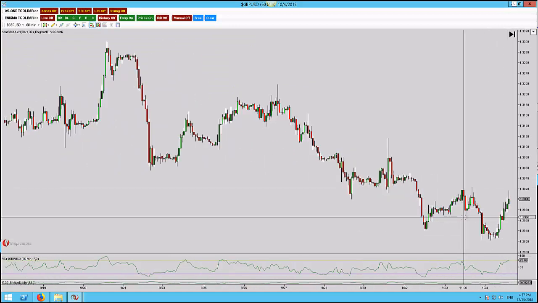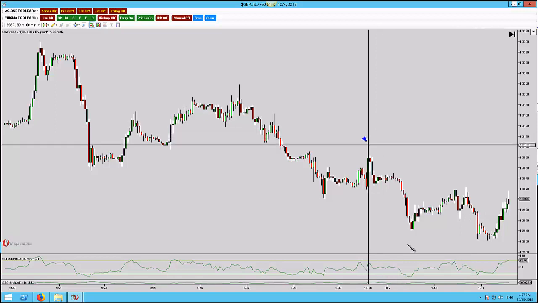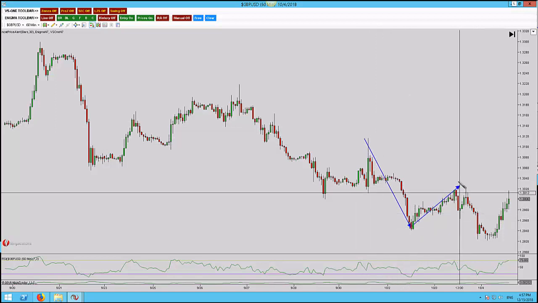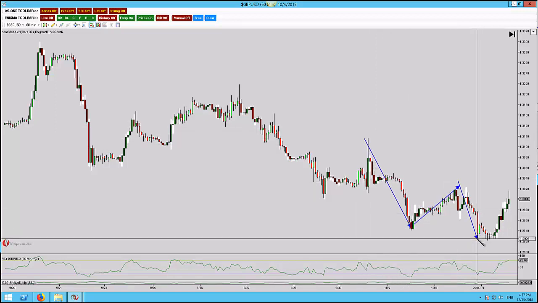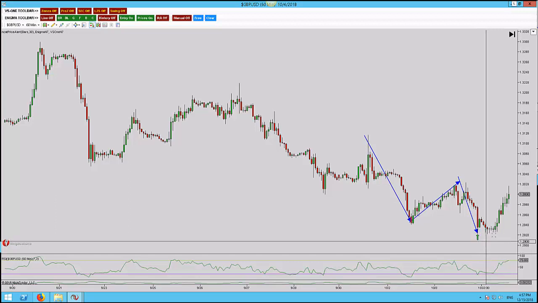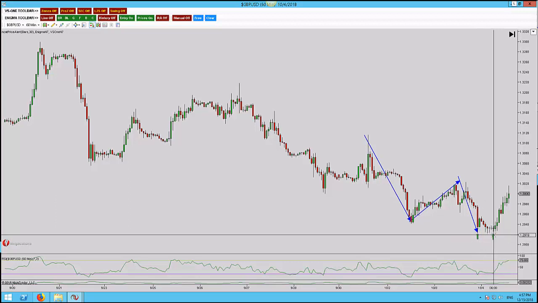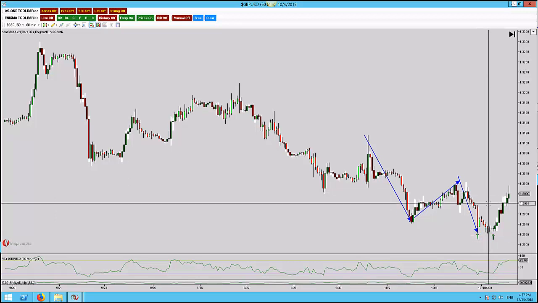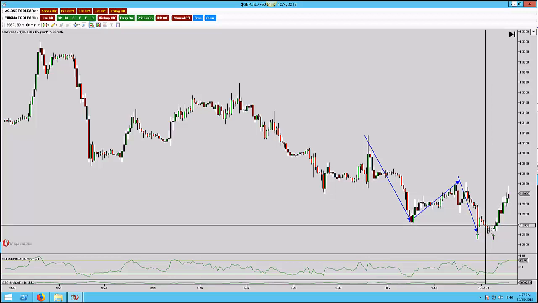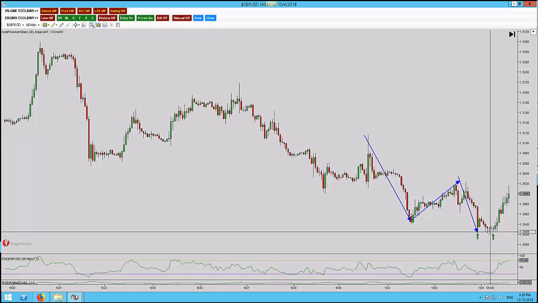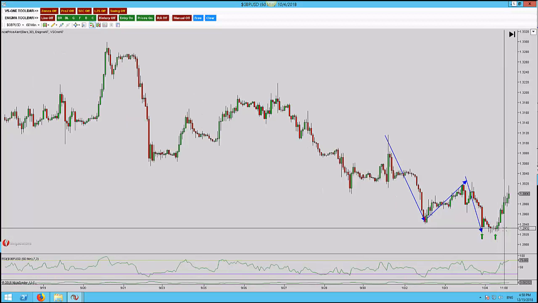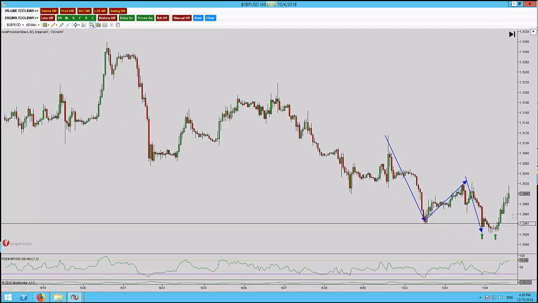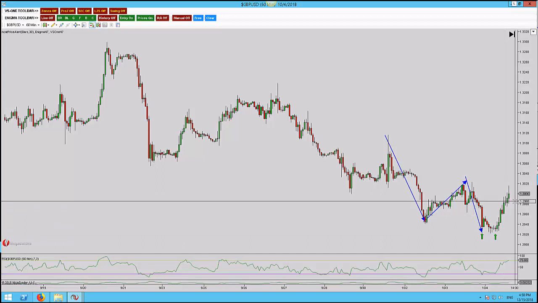So we have once again now made new structure low, outside return, new structure low, although we have just double bottomed. So at this stage, this is now not something I'm interested in. I'm not looking for a continuation lower. Checking out the daily time frame, we have just come into some inside structure on the dailies.